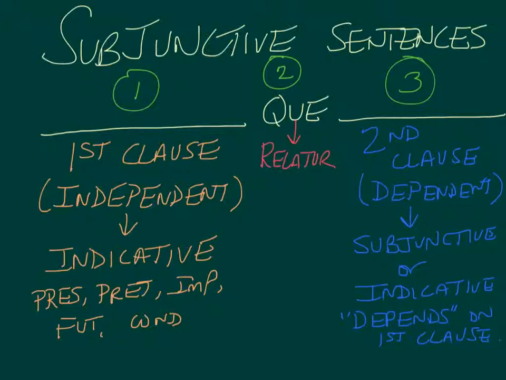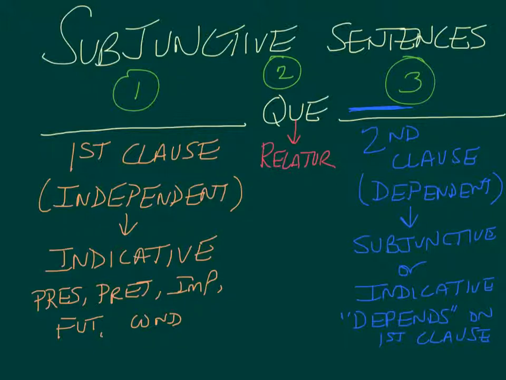In the sentences that you're going to be dealing with, you're going to be asked to conjugate a verb here in the second part of the sentence. And it's going to be your job to decide if the verb that's in the second clause, the second part of this sentence, is in the subjunctive tense or the indicative tense. And everything we're going to do is going to show us how to know whether we want to use an indicative verb or a subjunctive verb.